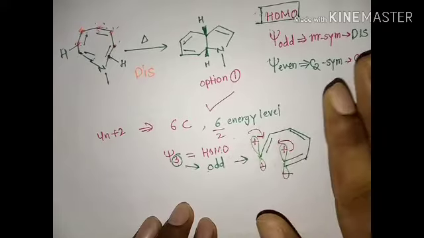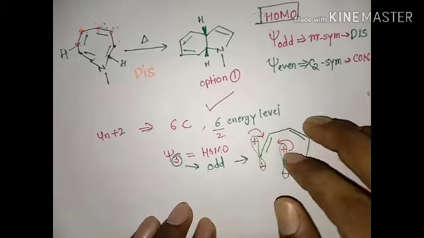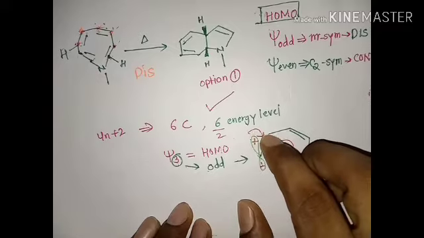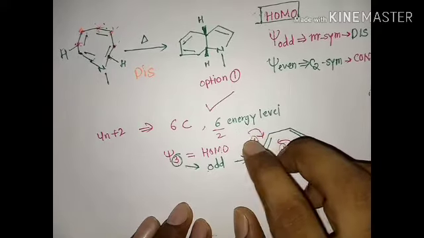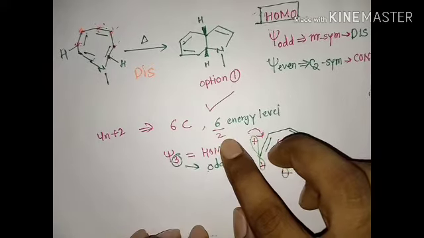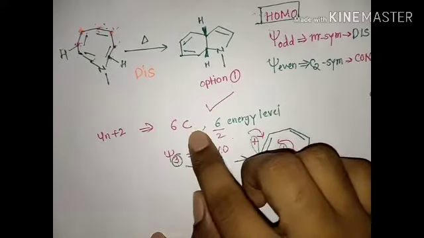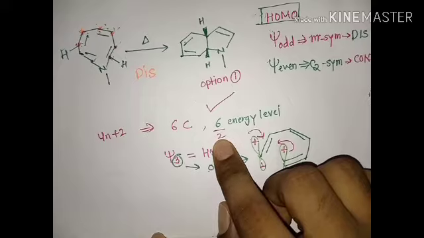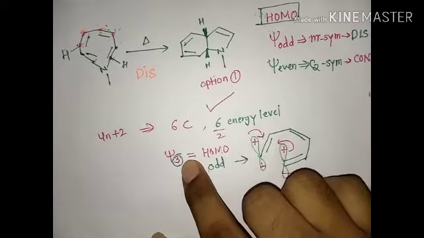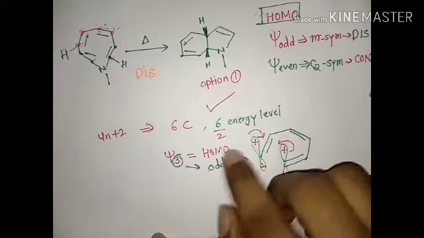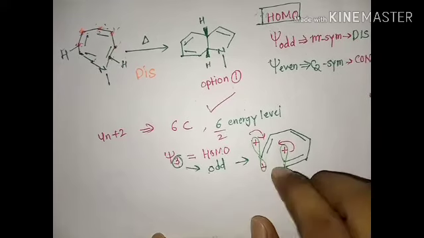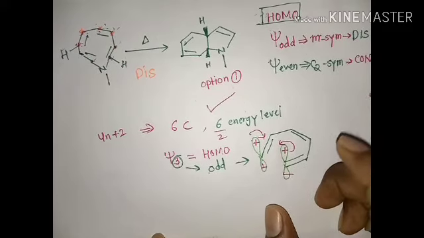You don't have to mug up all the selection rules, because there is a lot of confusion about how to remember everything, as there are so many selection rules. For 4n plus 2, 6 carbon atoms, we just have to take half of the energy levels. So psi 3, the HOMO, is an odd number, so it has mirror symmetry and we do the operation disrotation.